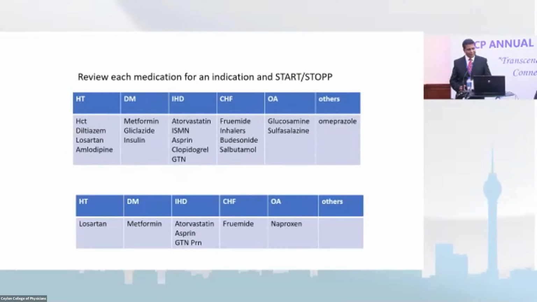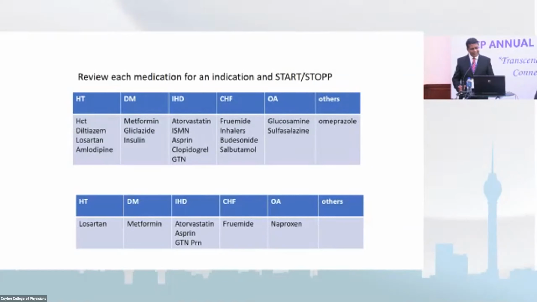And when we review the medicines, this is the way we have to do it. We list all the medications, 17 medications, according to the indication. She's hypertensive, diabetic, has ischemic heart disease, chronic heart failure, and OA. When I put the hypertensive medication, you can see she's on 4 antihypertensives.